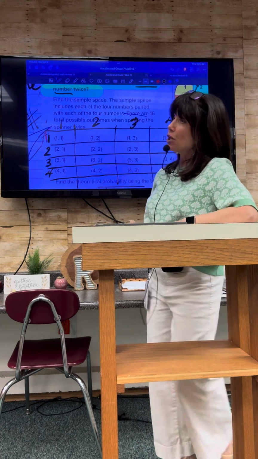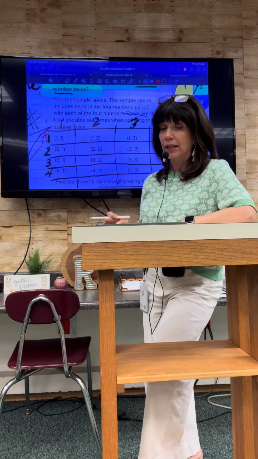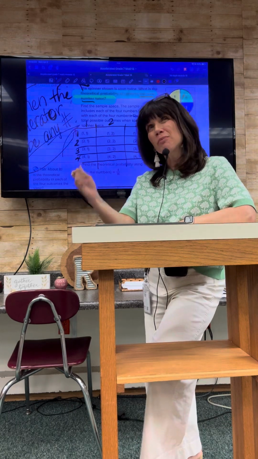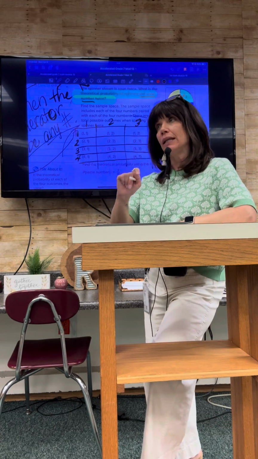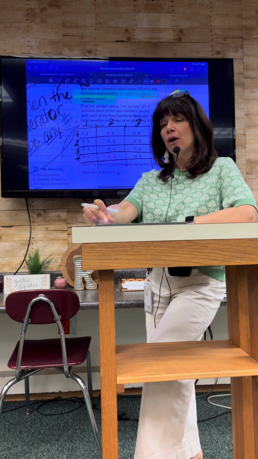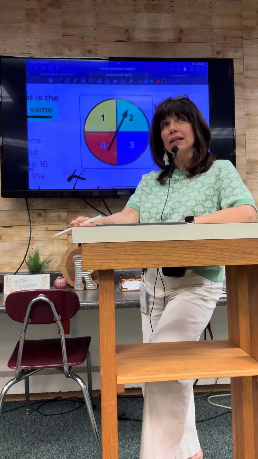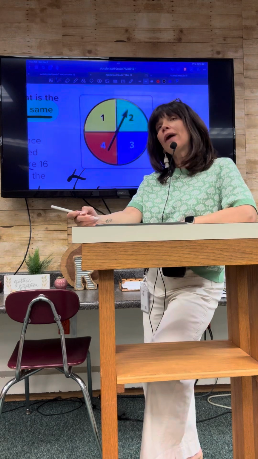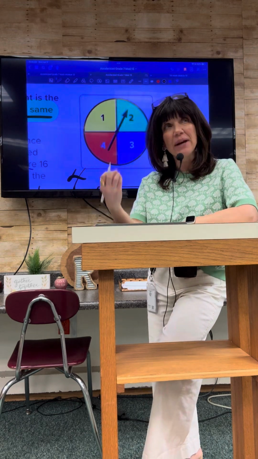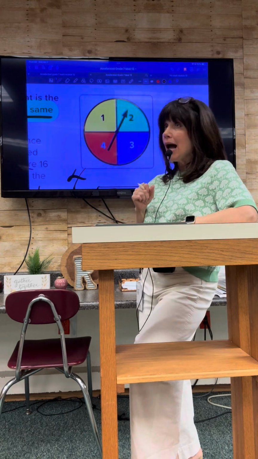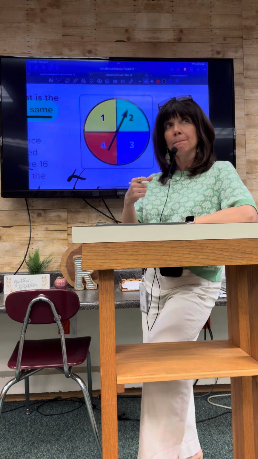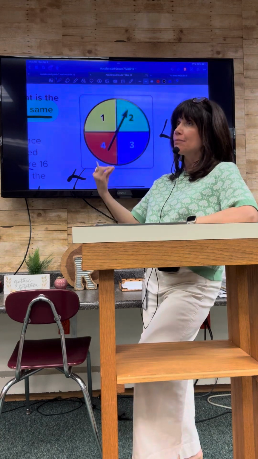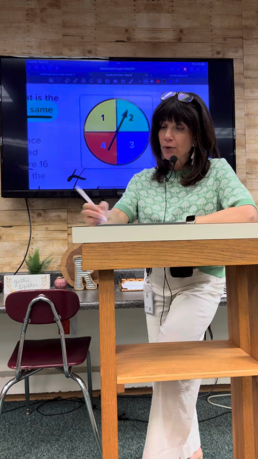Okay, and yesterday we also learned, let's review this quickly, how many possible outcomes are there in a single spin? How many possible outcomes on this spinner in a single spin? 4. So we write 4 as our base. How many times are we going to spin? 2. Twice. So that becomes our exponent.